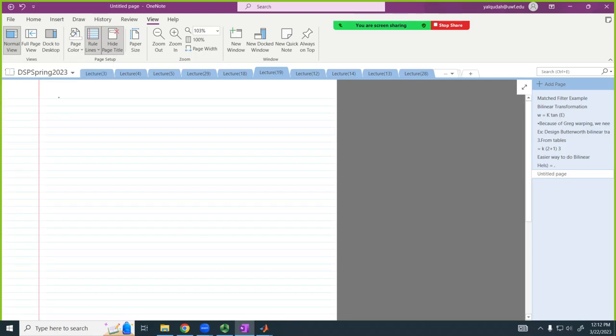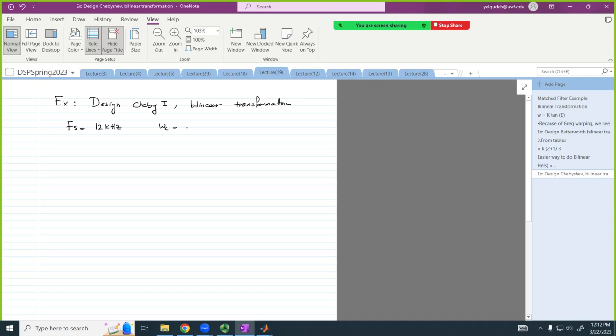Okay, so in this example, we're going to do a Chebyshev type 1 filter using bilinear transformation. We are given the sampling frequency is 12 kilohertz.